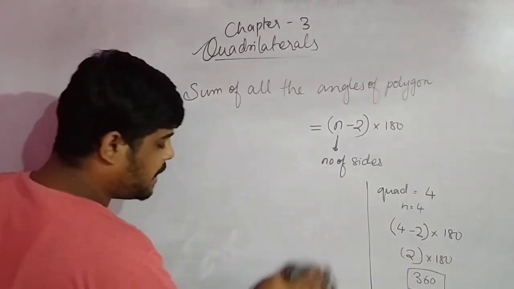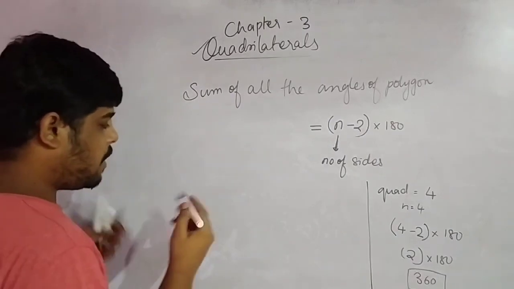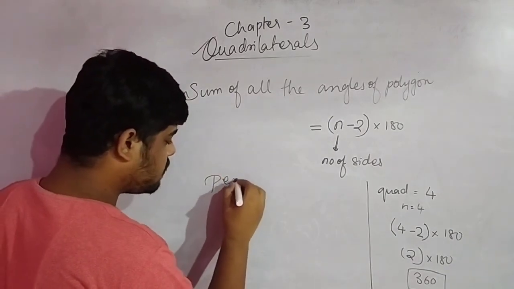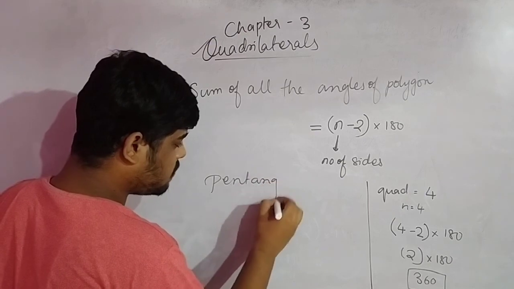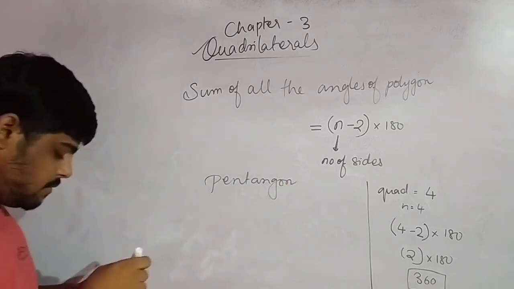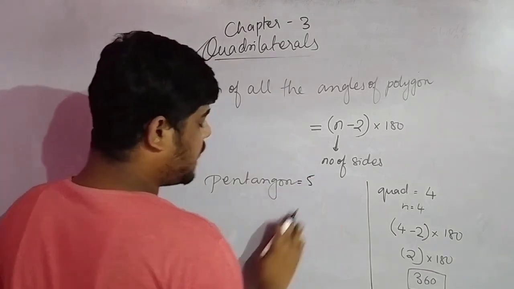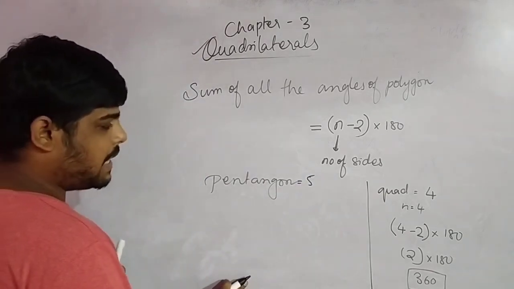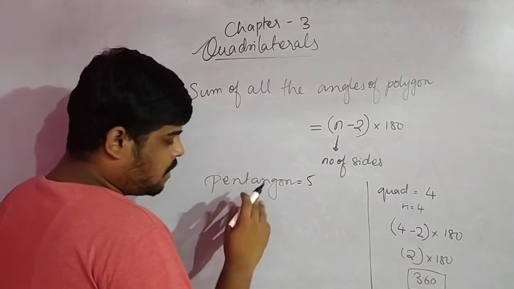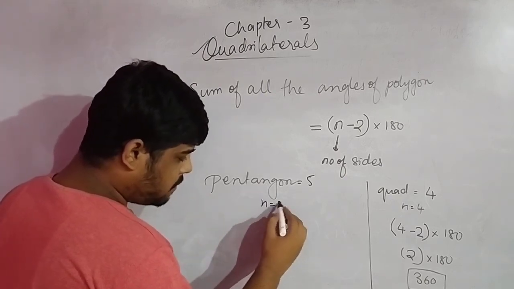Another example, a pentagon. Now pentagon, students. A pentagon has 5 sides. Now n is equal to 5 over here.